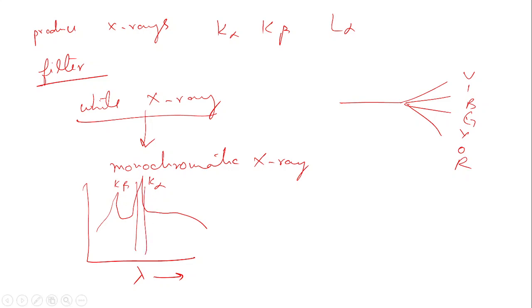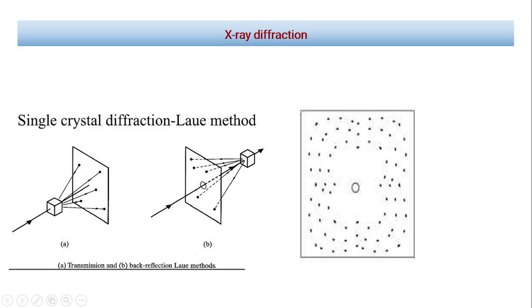So the different methods are, one is Laue's method. The pronunciation may not be correct because they are foreign researchers, but this is his name. This is the Laue method we have.